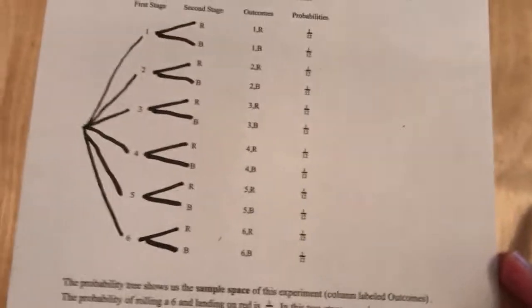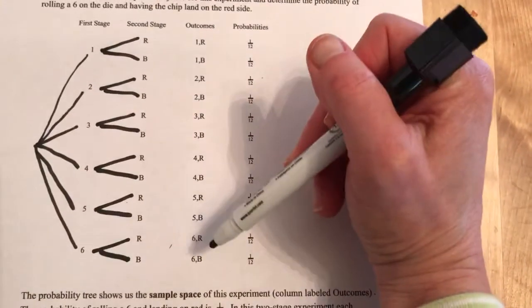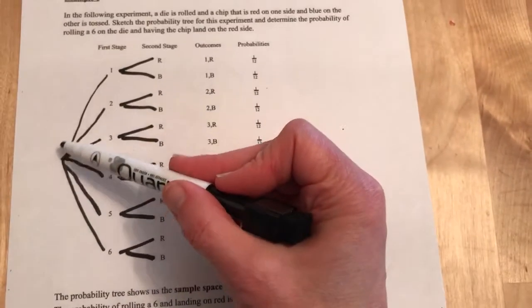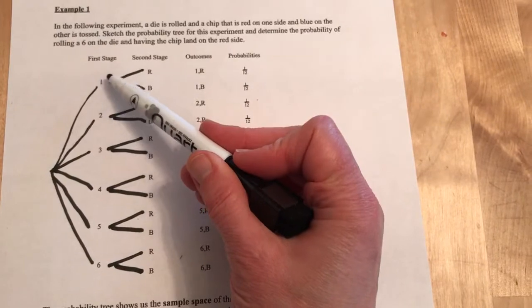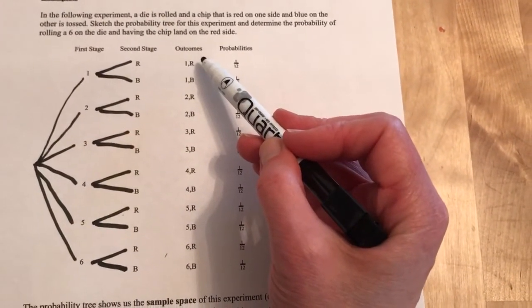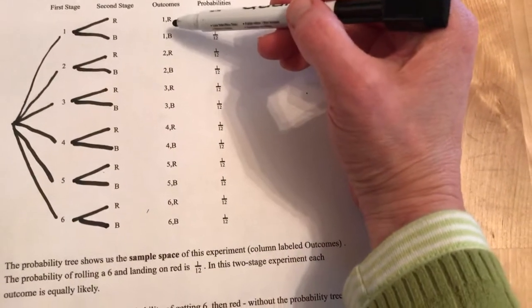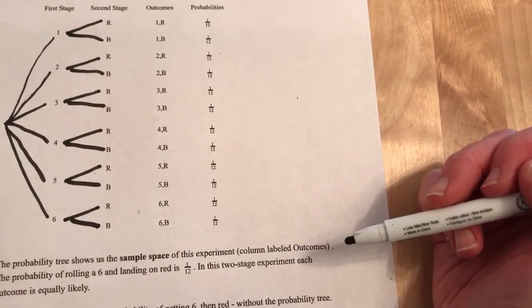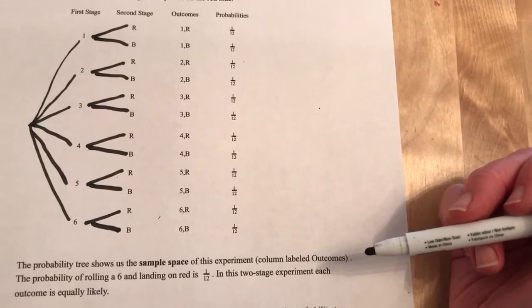And so you see that once I make this tree, in my next column, I've simply listed the outcomes that I had by going along the tree branch. And so if I rolled a 1 and then got a red, that's listed here as 1 red. It looks like there are 12 different equally likely possibilities or outcomes for this experiment.